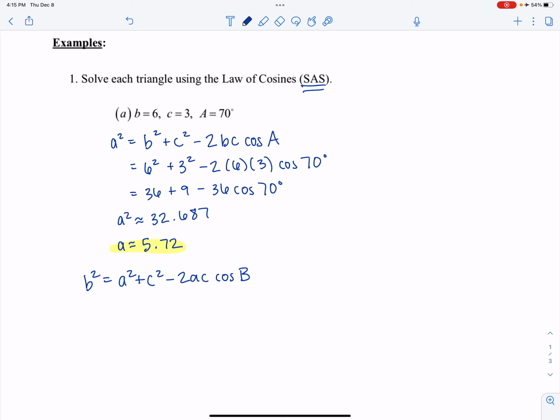So we can isolate it and figure out what its value is. B squared, we have 6 squared equals 5.72 squared plus 3 squared minus 2 times 5.72 times 3 cosine of that missing angle B.